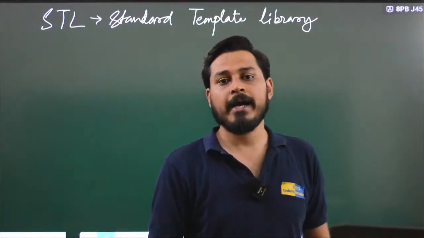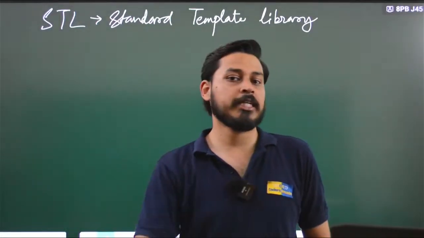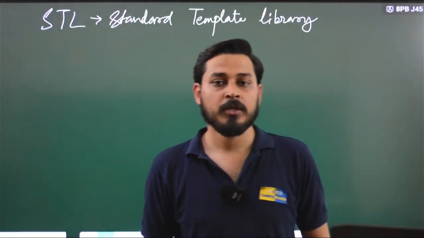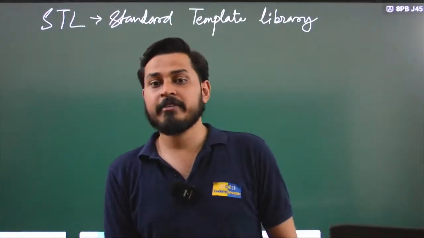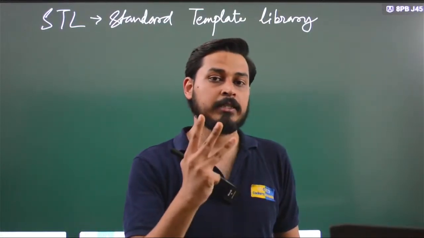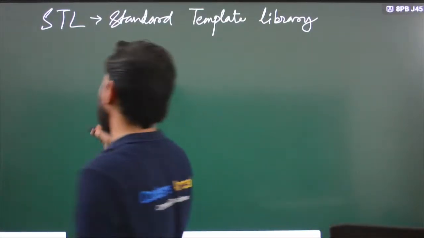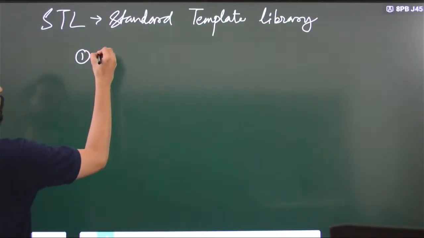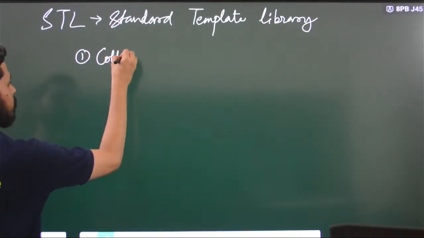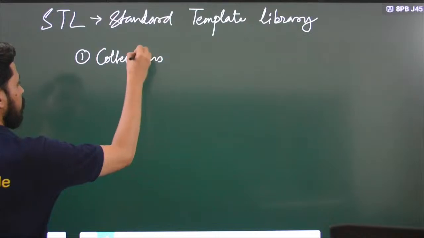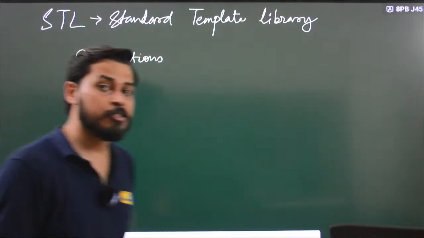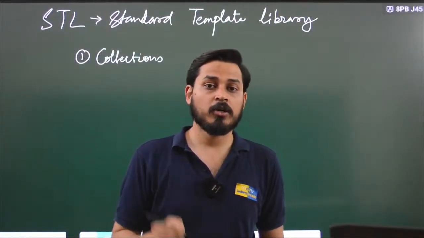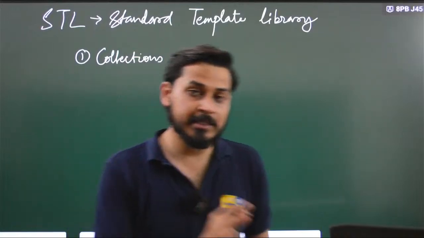Before we go ahead and do anything in terms of data structures, we need to understand this. This is the place where we will talk about three things. Number one, we are going to talk about collections. You might have heard about collections in Java. We are going to talk about those things only, but in C++.